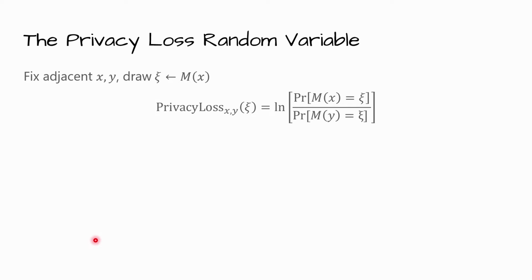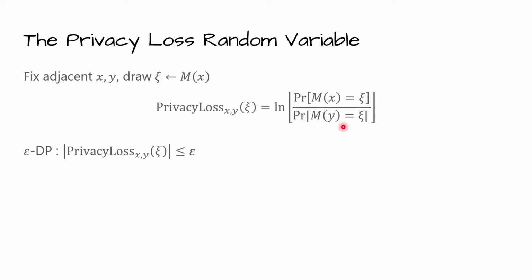I'm running M on X, and I pull an outcome accordingly, xi. So the privacy loss of xi when I'm running on X with respect to this adjacent database Y is the log of the probability, or the probability density if it's continuous, of observing xi when the database is X over the probability of observing xi when the database is Y.